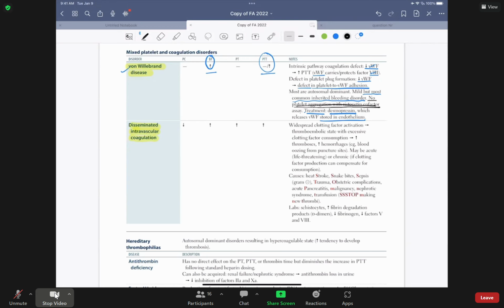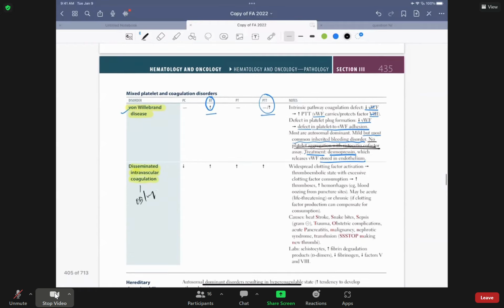How does it work? In one part of the body you have clotting happening, and in some other part of the body you have bleeding. A good example, most commonly in the US, is in OB/GYN. In the uterus, all the clotting factors are causing clotting. Somewhere else, you will be bleeding. Is that clear, folks? So that's DIC.